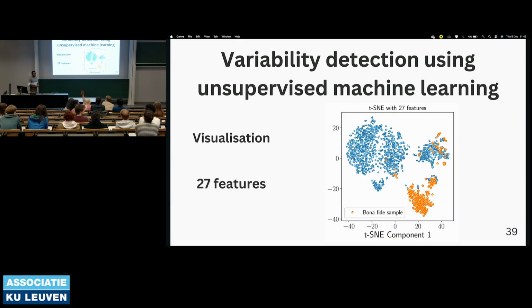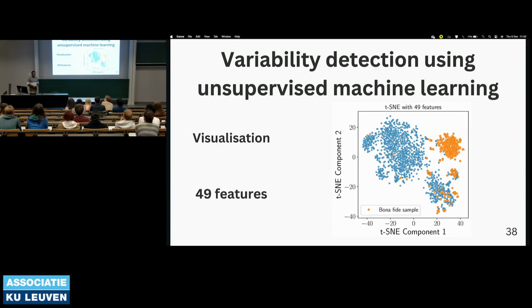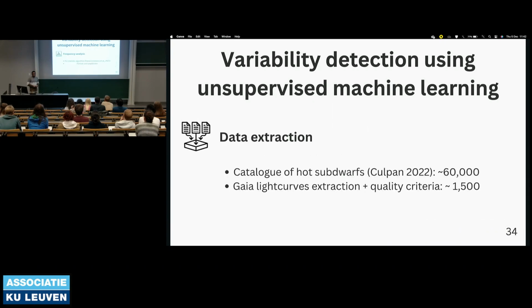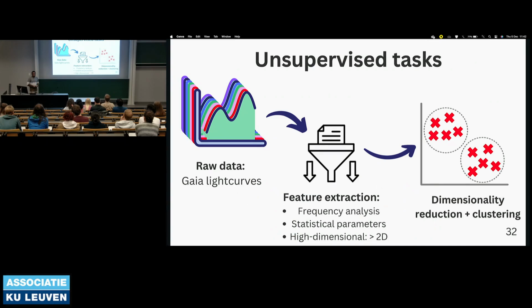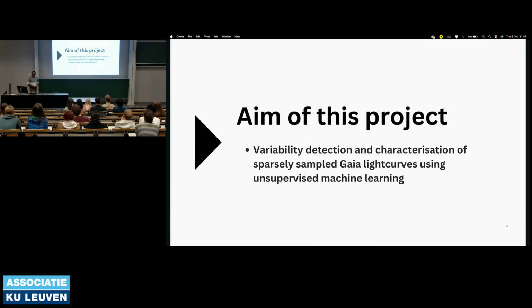We still have time for questions. Hi, Princy. Thanks for the talk. My question is related to the first project of yours with the sparsely sampled light curves. Maybe I missed it, but how do you actually deal with the sparseness of the data points?